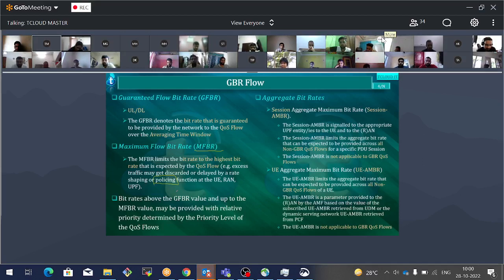Once it is crossed, UPF can drop those excessive packets that are crossing the maximum flow bitrate. So you are allowed to transmit only up to maximum flow bitrate, not more than that. Guaranteed is always provided, but maximum you can go up to MFBR. But once you cross that, network will start dropping the packets, saying not needed. So that's the kind of control network will have on it.